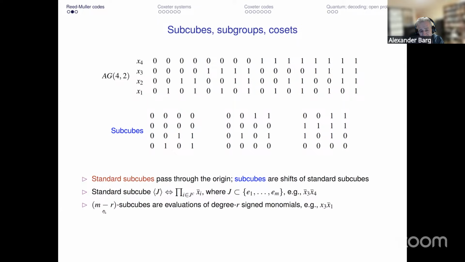So a subcube of dimension m minus r gives evaluations of degree r signed monomials, as we just discussed. So signed: maybe some variables come without the negation, some with negation. And we can write all subcubes in this form. Right, so we have subgroups and their cosets.